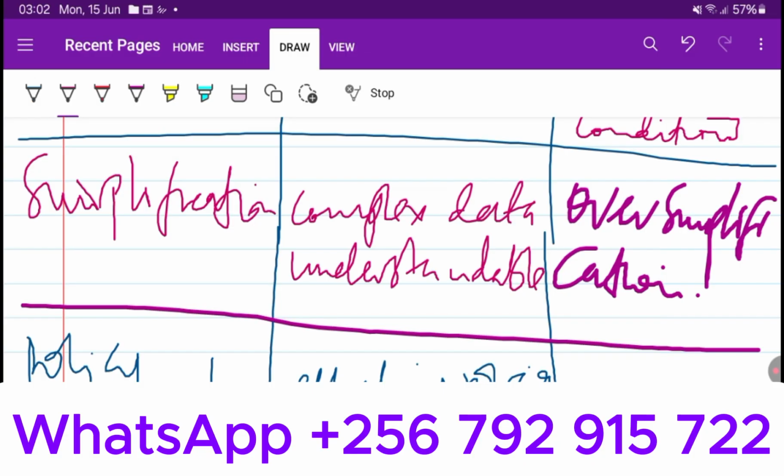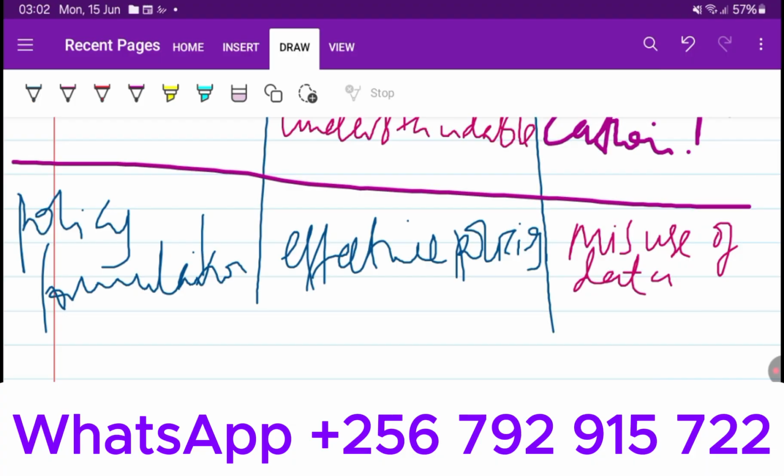But the limitation is that all the data might be misused. So these policies may actually fail because of the misuse of data.